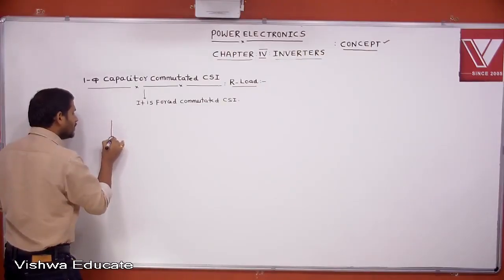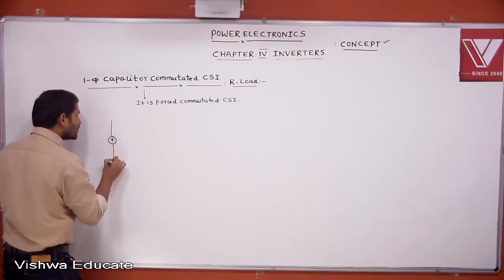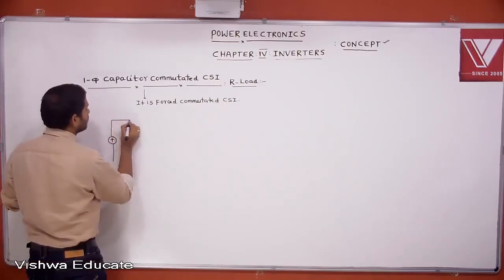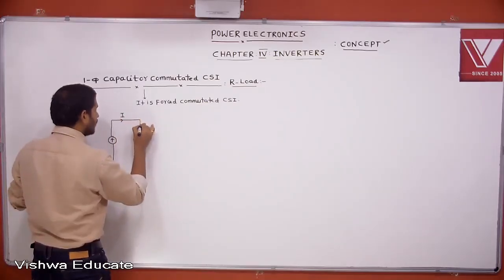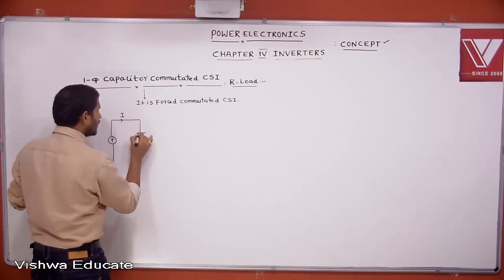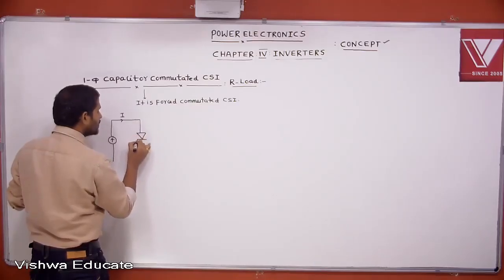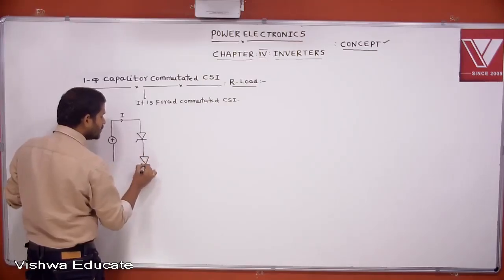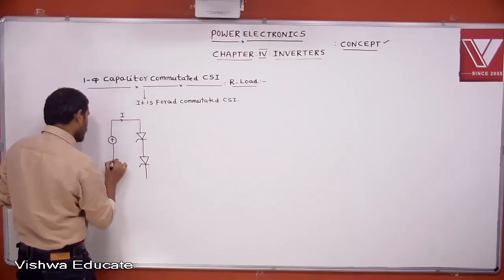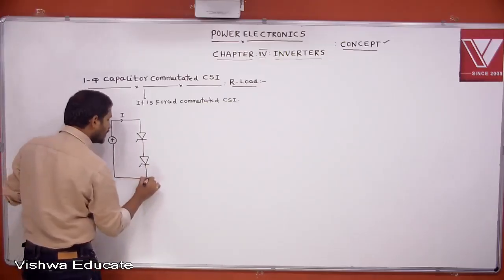Current source inverter means the input is a constant current source. Let this be I. This is the T1 thyristor. Once we are talking about commutation, the devices must be thyristors. The switches we are using are thyristors, that's why we are using the commutation circuit.